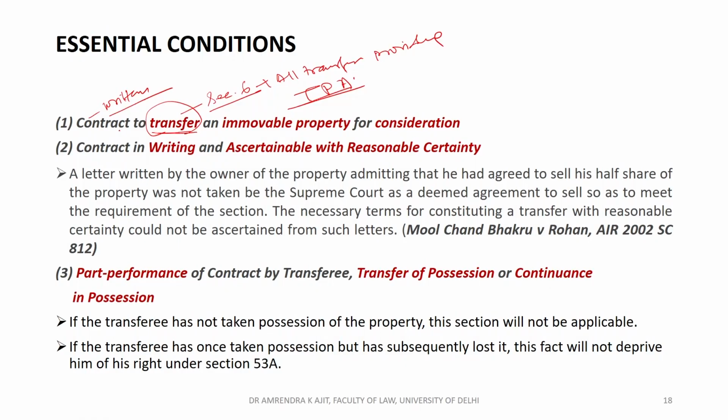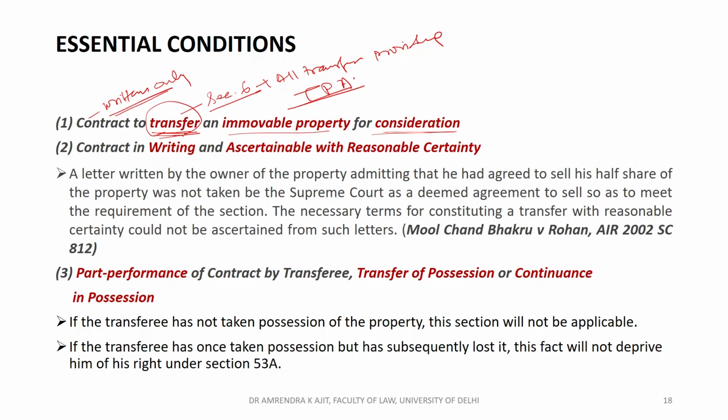So, it is important. This will include all written contracts, excluding section 6 conditions, and all kinds of transfer: mortgage, sale, lease, gift, everything, and it must be immovable property, which falls under the immovable property definition, for consideration.